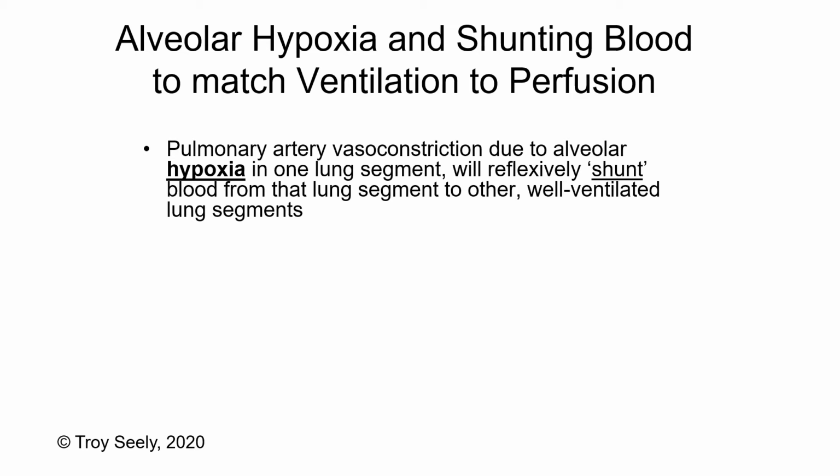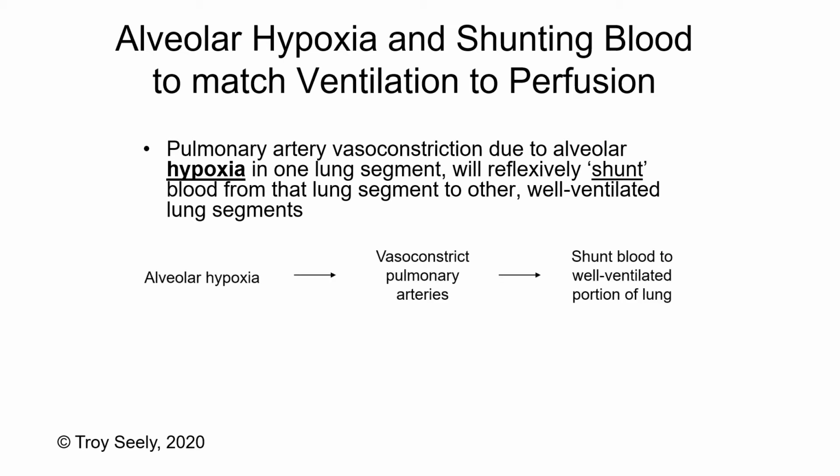Now, pulmonary artery vasoconstriction, which we talked about on the previous slide, is utilized to try to deal with alveolar hypoxia in one lung segment. That means a reduction of oxygen. So you're reflexively shunting blood from the lung segment to another, more well-ventilated lung segment. So if there is hypoxia in the alveoli, you're going to then thereby vasoconstrict the pulmonary artery, and that's going to shunt blood to a well-ventilated portion of the lung.